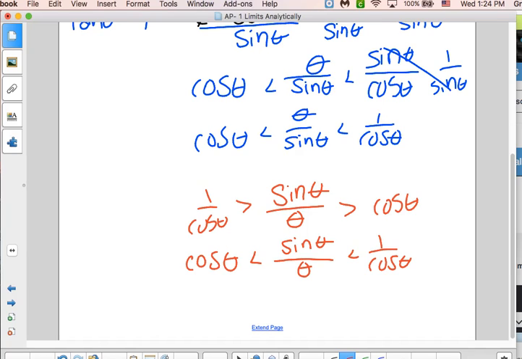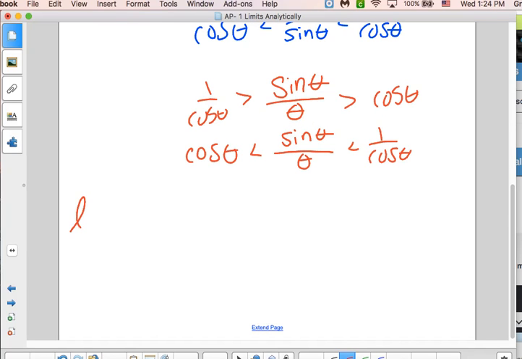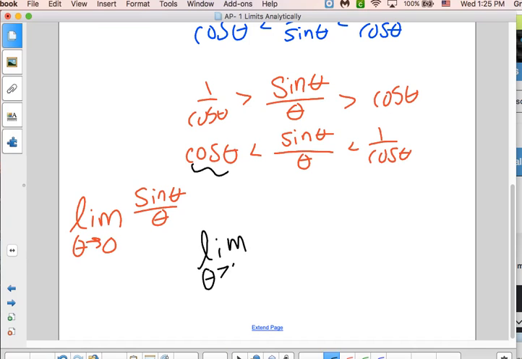Now, the thing is we're trying to figure out what is the limit as theta approaches 0 of sine theta over theta. That we can't do because it's the indeterminate form. But we now have this relationship that's relating two other functions that are kind of bouncing it in, squeezing it in. So if we just look at the left side, what is the limit as theta approaches 0 of cosine theta? 1.